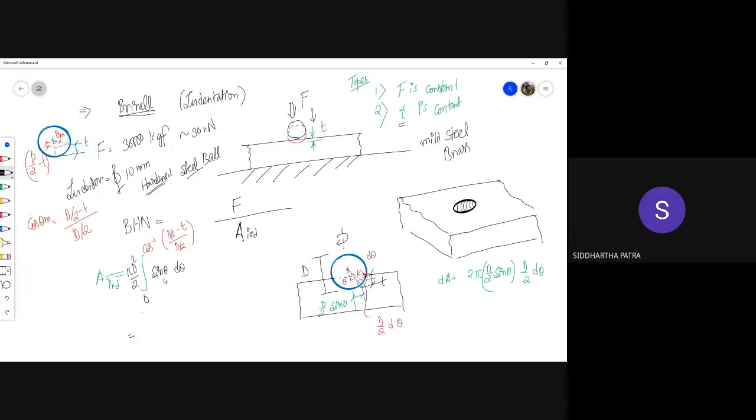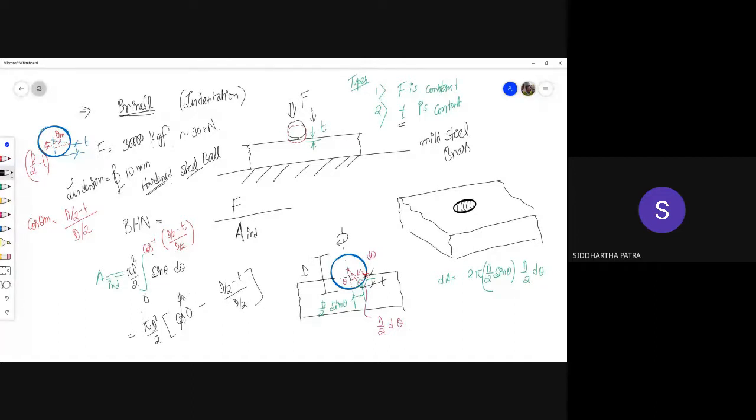Now, if I integrate sine theta, I get minus cos theta. So cos 0 minus cos of cos inverse this quantity, which is simply this.